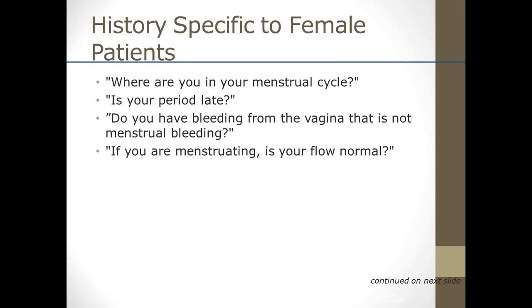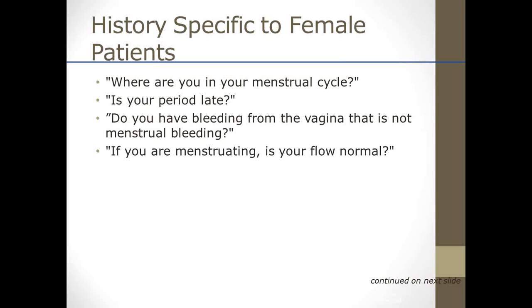Because there's a chance this could be an ectopic pregnancy, or a tubal pregnancy, where the fertilized egg, let me back this up, the egg has gotten fertilized in the fallopian tubes and attached itself to the wall of the fallopian tubes.